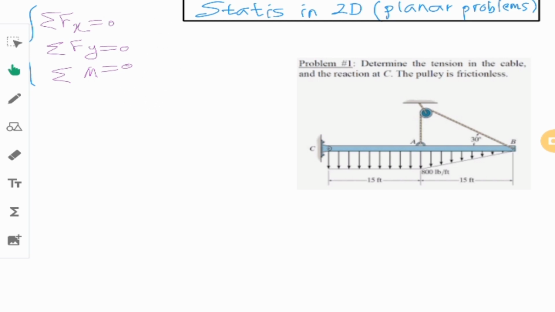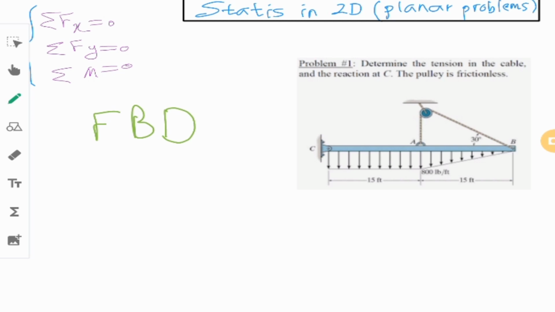For finding our unknowns, we need to find the free body diagrams of static parts. Here I have an example, and I want to show you how to find the free body diagram of this beam here, and try to find the number of unknowns.